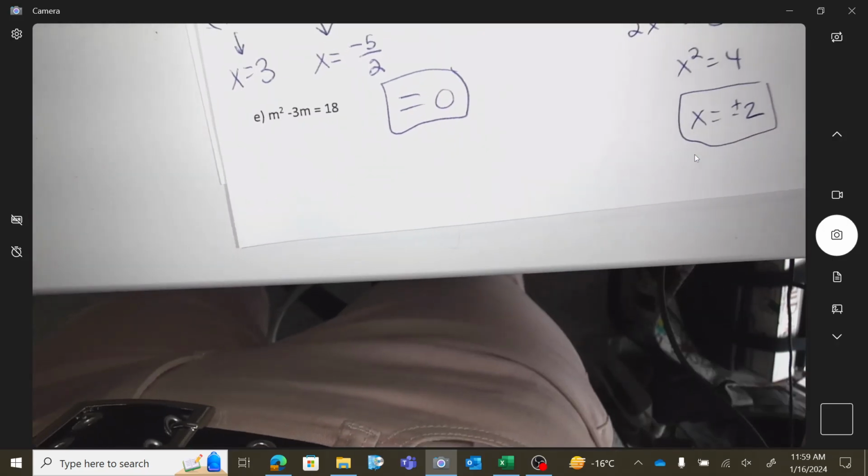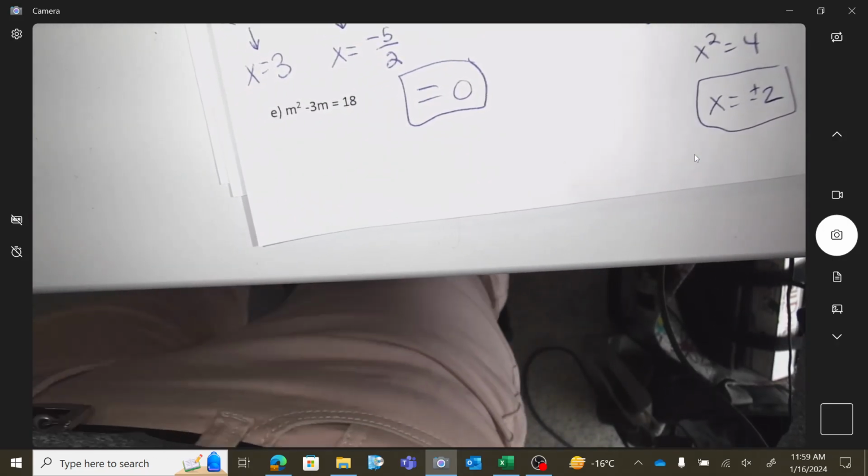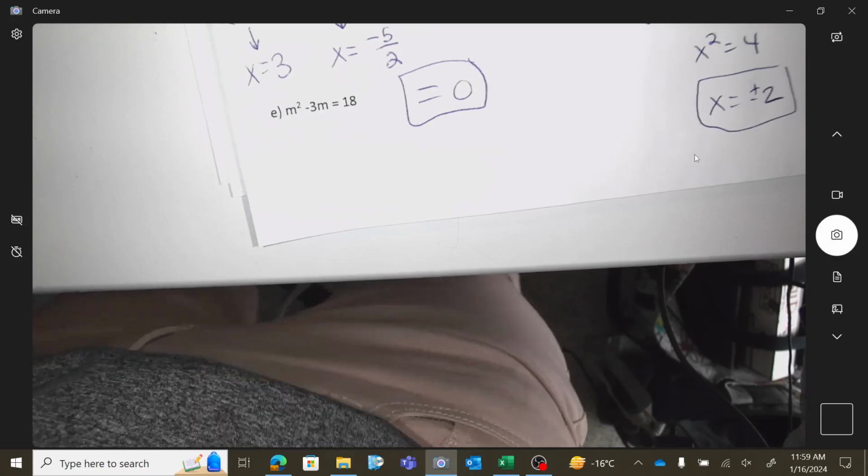I don't see an equal 0 on it. So fix it and then factor it.